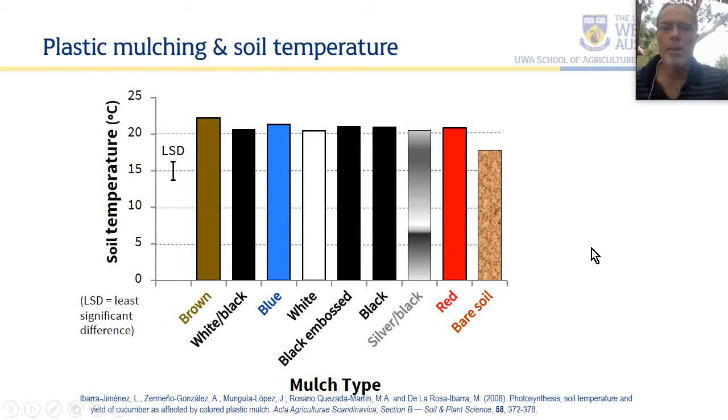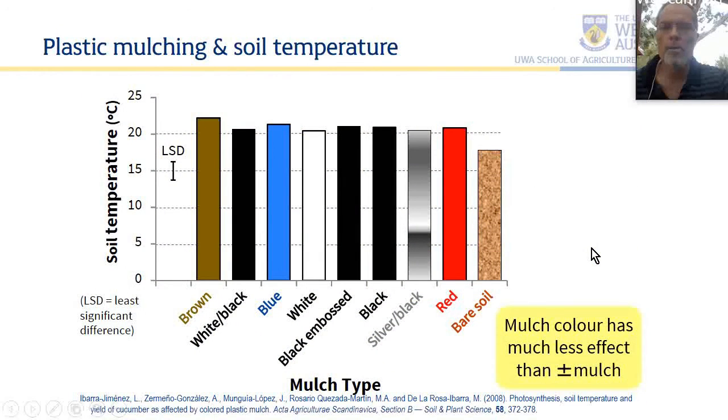This data set is about plastic mulching, looking at soil temperature under different types, or basically different colors and maybe textures, of mulching plastic. The data and the statistical analysis which followed showed that mulch color has a lot less effect than you'd expect.